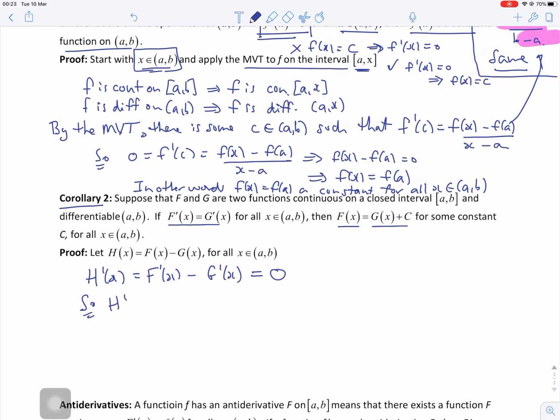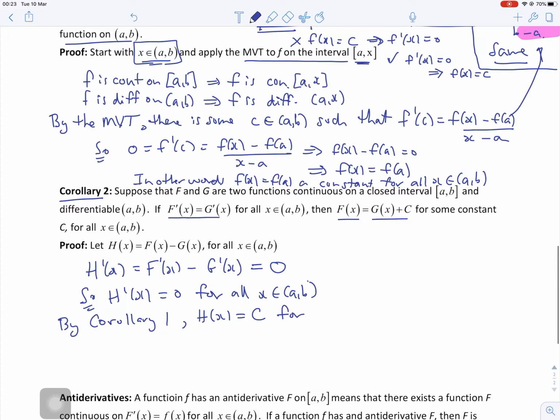So h prime of x is 0 for all x in the open interval AB. And we just proved above that if that's the case, then by corollary 1, h of x is a constant function for all x in AB.